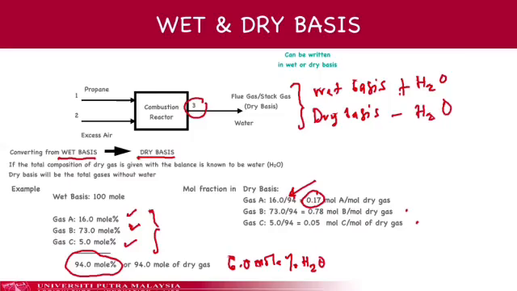So there is a slight change when we report from a wet basis to a dry basis, and we can see here that we are not reporting any water content, right? So no H2O is reported, because we already omitted the value of H2O in our initial calculation when we take the denominator as 94 mole only.